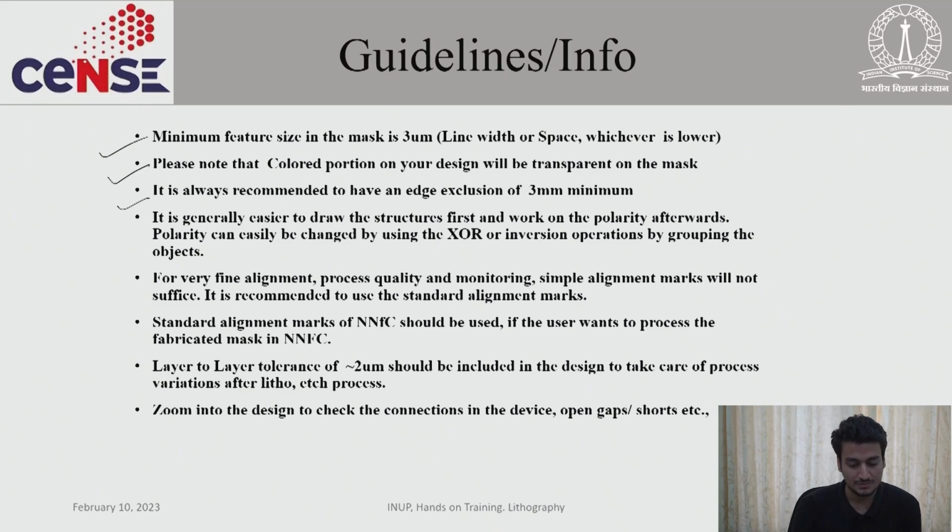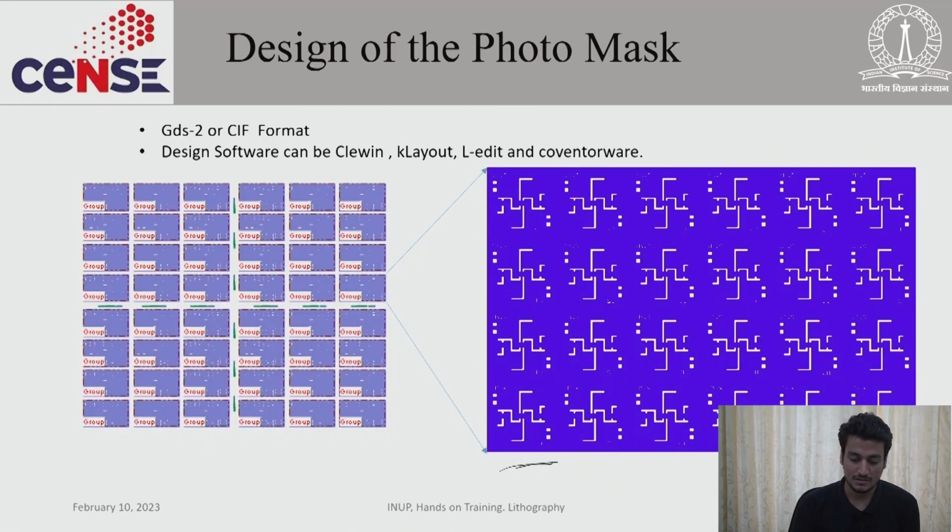The next point is, it's generally easier to draw the structure first and work on the polarity afterwards. In case you want to fabricate this device, but now you want this colored area to stay there on the photomask, or you want this colored area to be opaque, how can we do that? We have to change the polarity of this design.